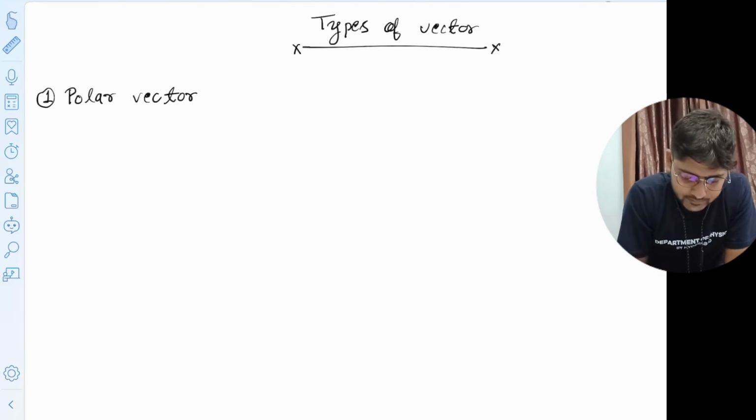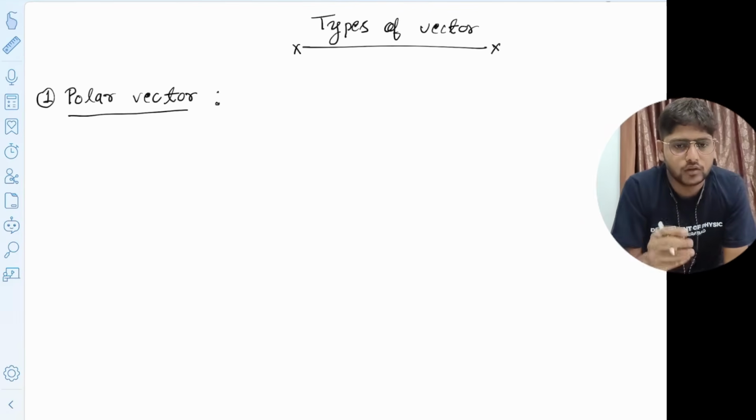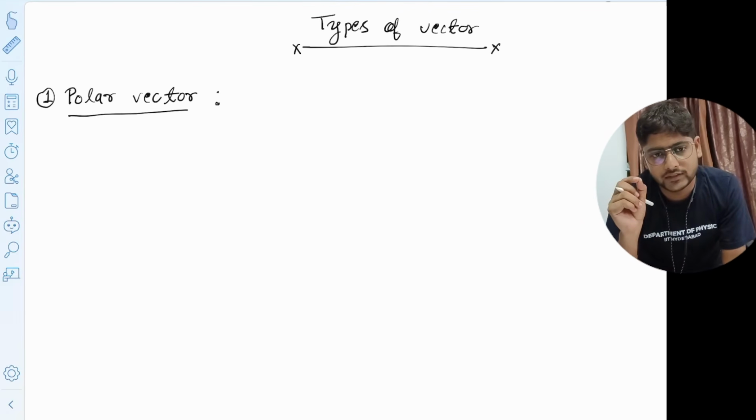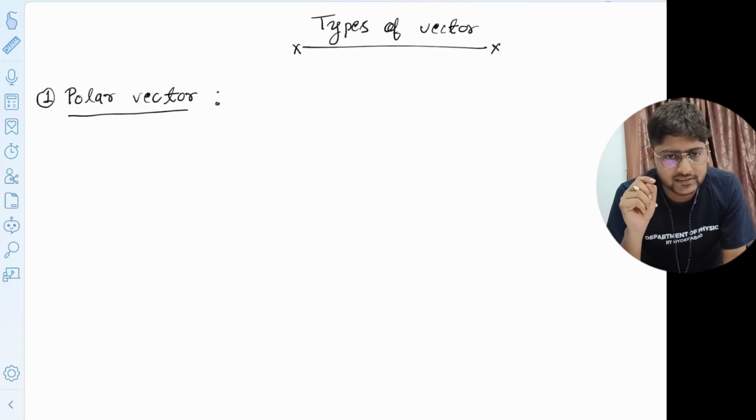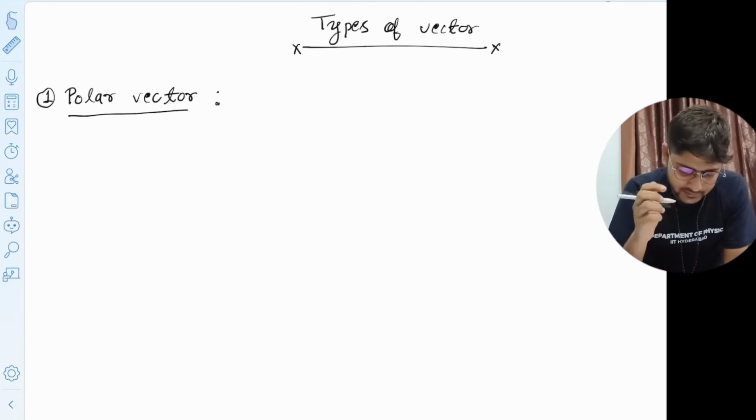What are polar vectors? Polar vectors have an initial point and a final point. They are called real vectors. If we mirror the polar vectors, or do inversion of the vector, they will not change their direction.